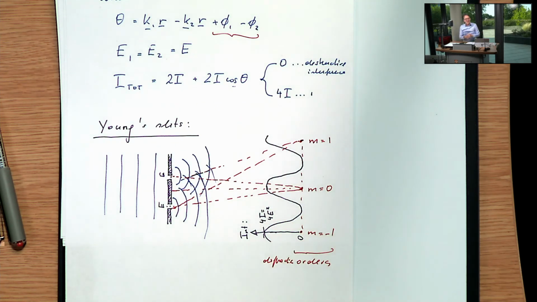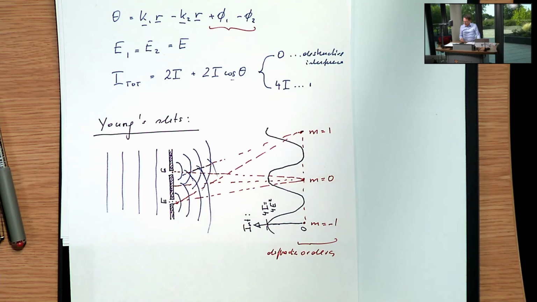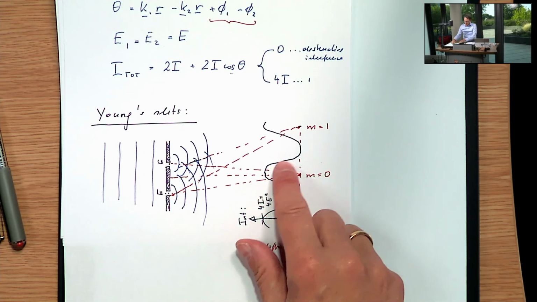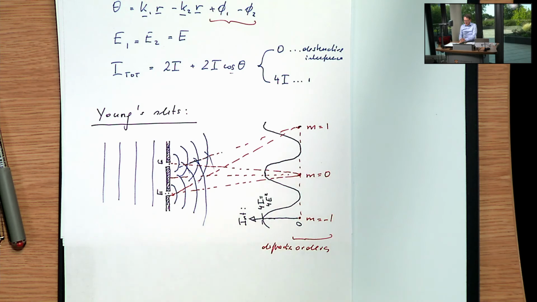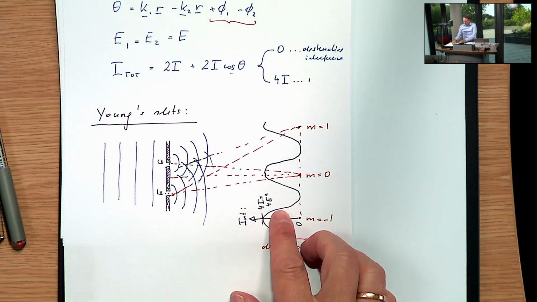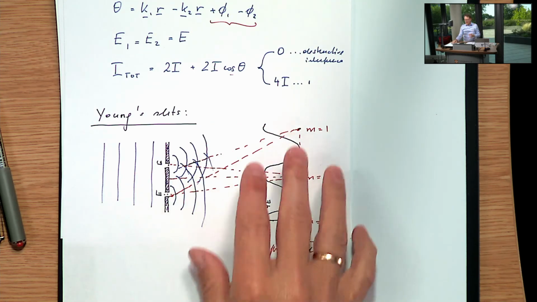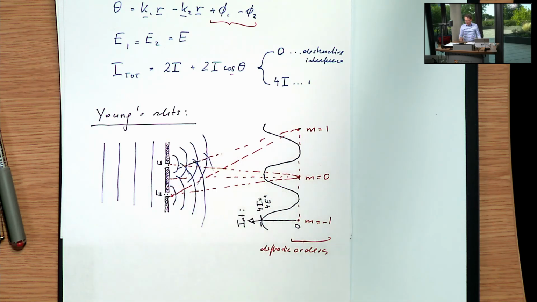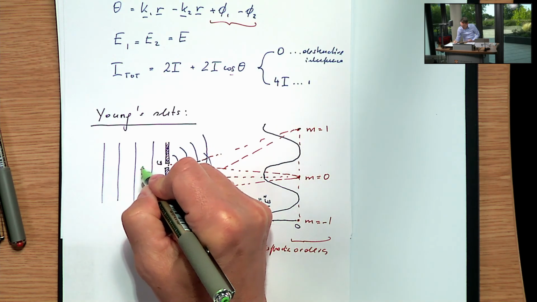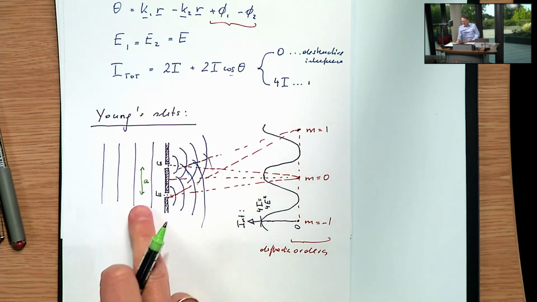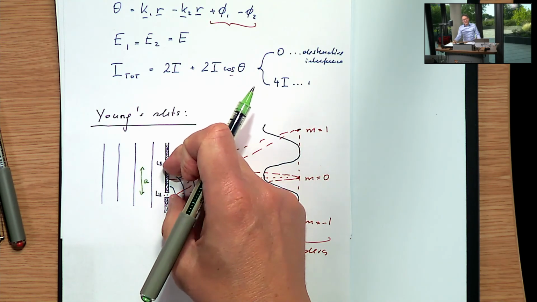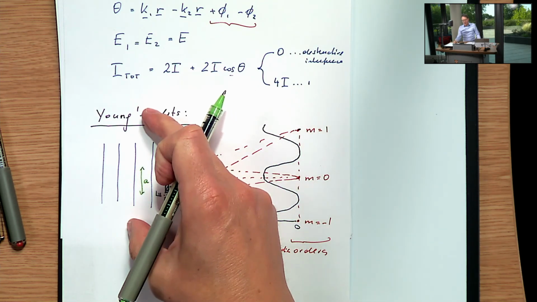So one important point: we're easing ourselves into the major intellectual concept of this. You can tell that the fringe pattern that you will observe in Young's slits tells you something about these two slits. And here's a question for you. I want you to imagine what happens if I make the width between the two slits larger or smaller.